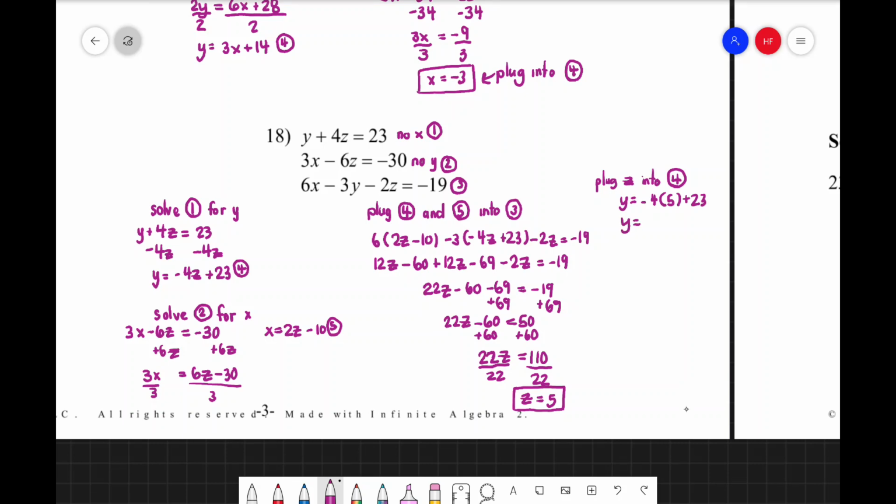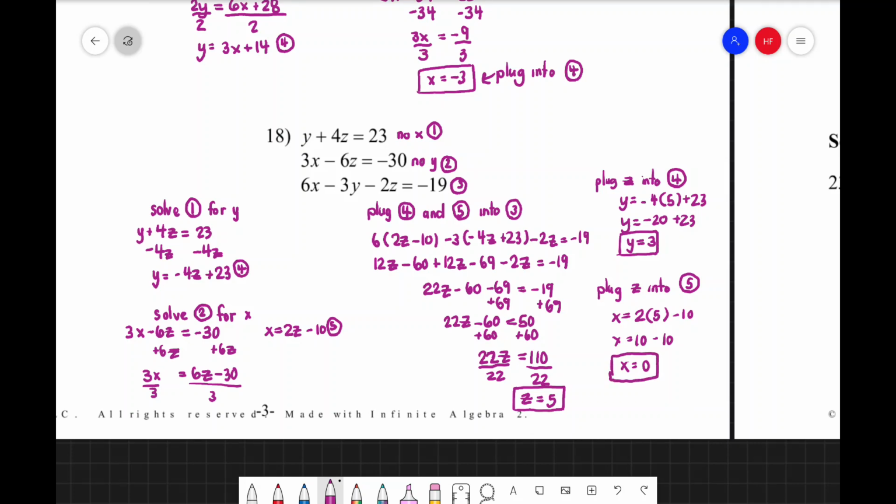Y equals negative 20 plus 23. Y equals 3. And I'm going to plug z into 5, which is my equation for x. X equals 2 times 5 minus 10. X equals 10 minus 10. X equals 0.